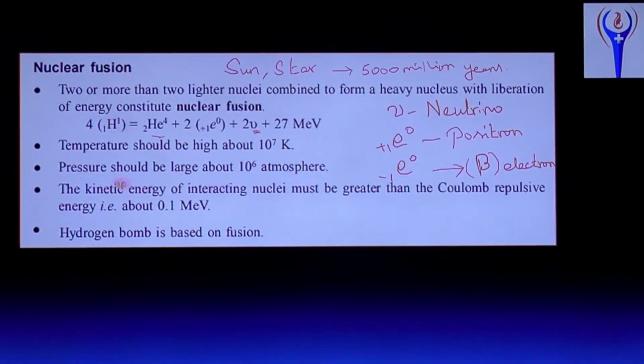Clear? Then, temperature should be high, about 10 power 7 Kelvin. Temperature is very, very high, 10 power 7 Kelvin, that is around million degrees Celsius or million Kelvin we need. Pressure should be large, about 10 power 6 atmospheric pressure.